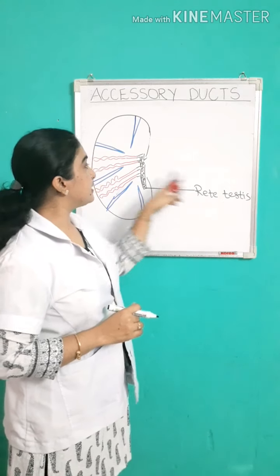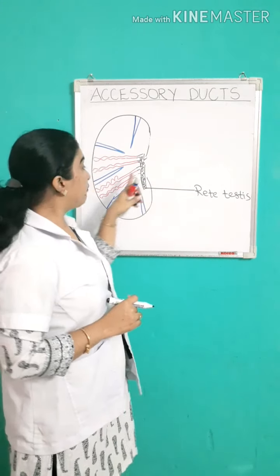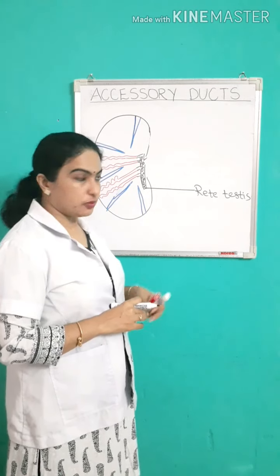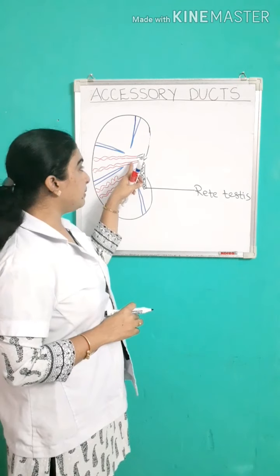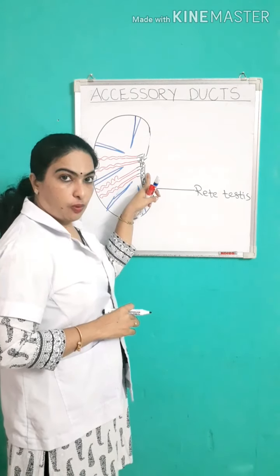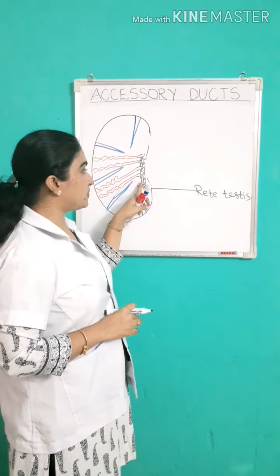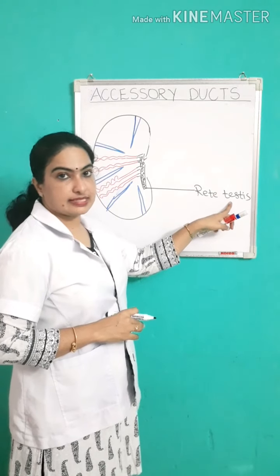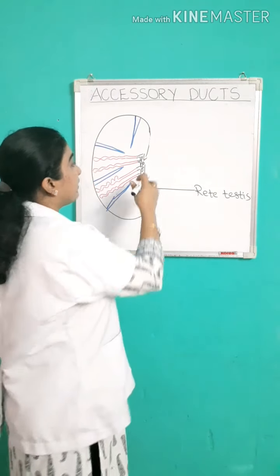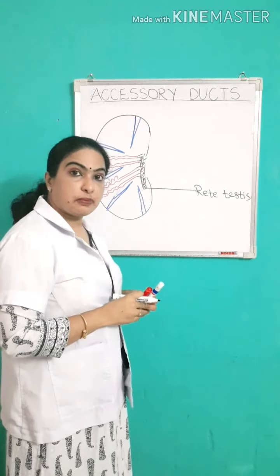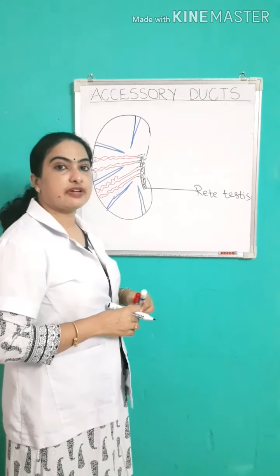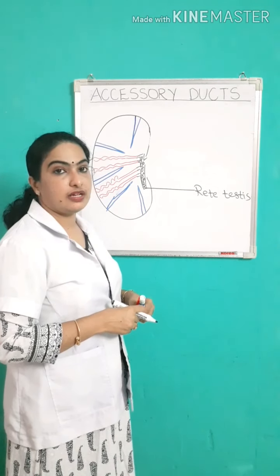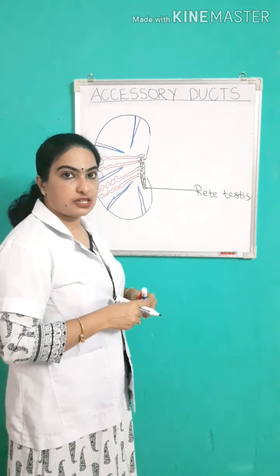So, the rete testis is a network of tubes formed by the straight part of the seminiferous tubule. And this rete testis conducts sperm from the seminiferous tubule, because the seminiferous tubule, the germ cell, is the place where sperm formation occurs.